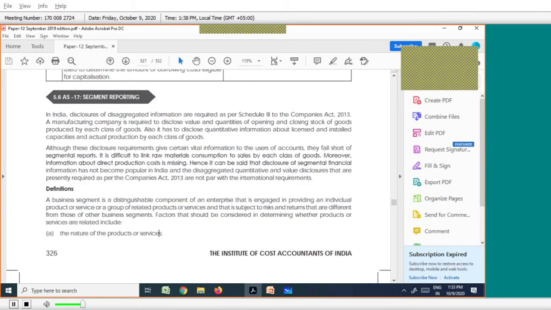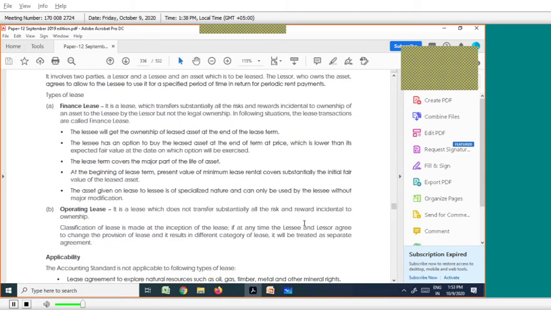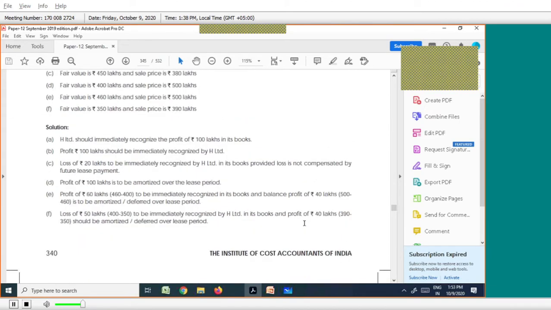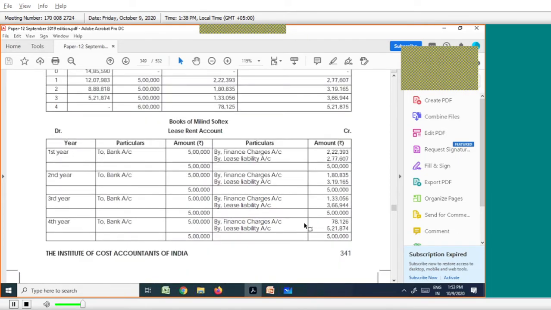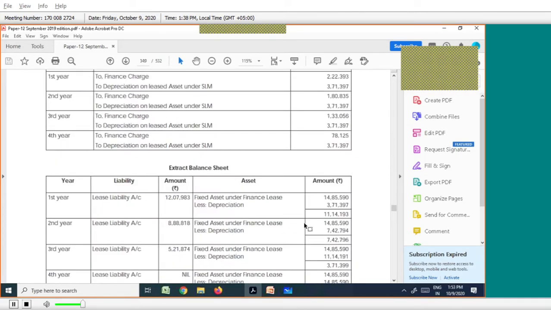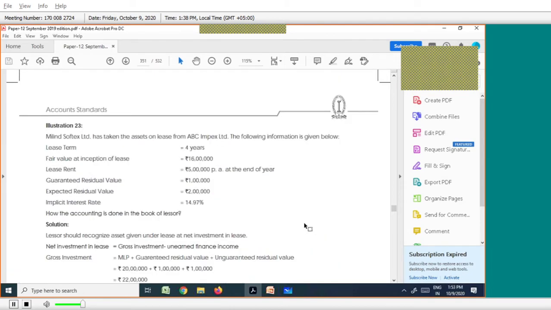So go to the problems which we discussed in the previous class. In the previous class we discussed the books of lessee. We will continue with the books of lessor. First, just go through the question, Illustration 23.